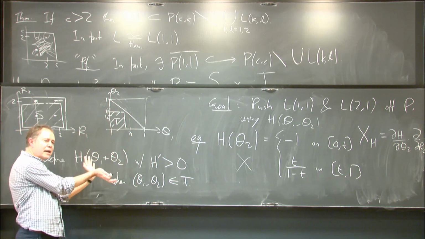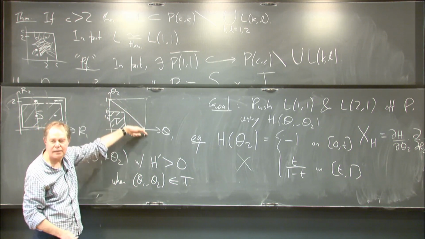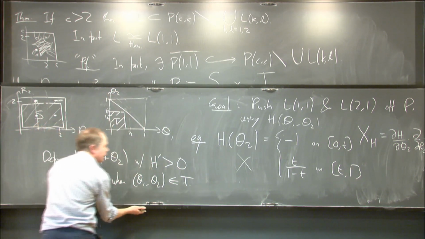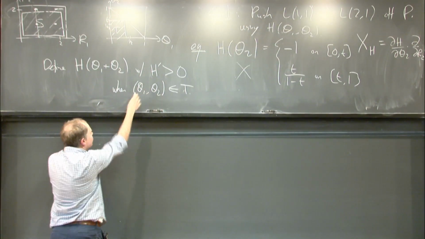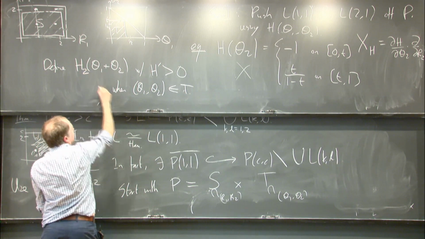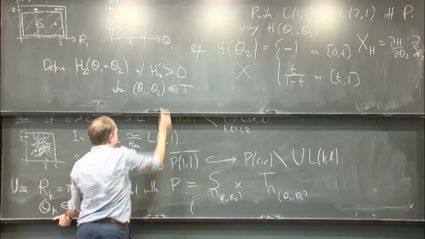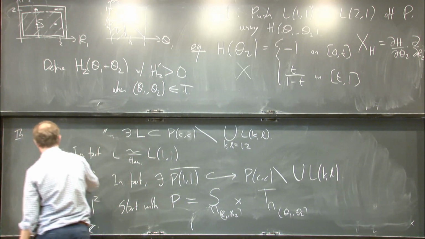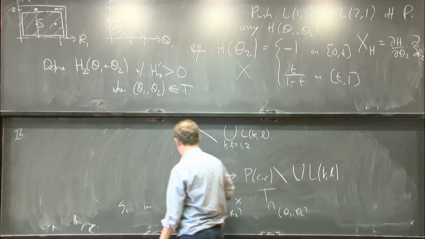Functions like that exist exactly because you're missing this anti-diagonal here. So you look at a Hamiltonian like that. We'll call this H2 maybe. And then there has to be a step 0. That's the point of this.